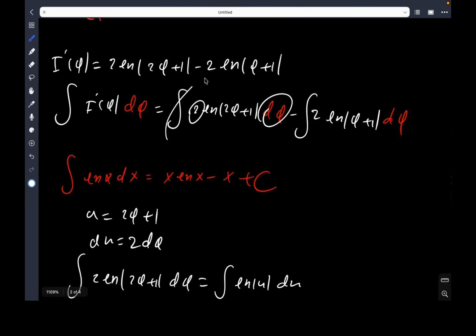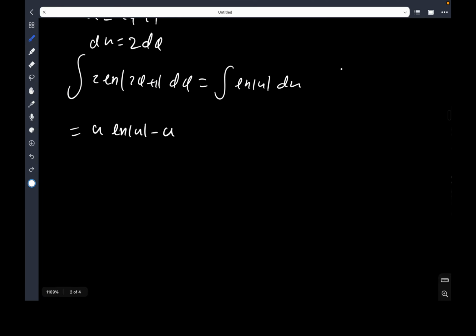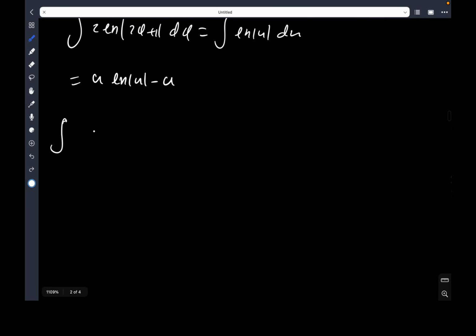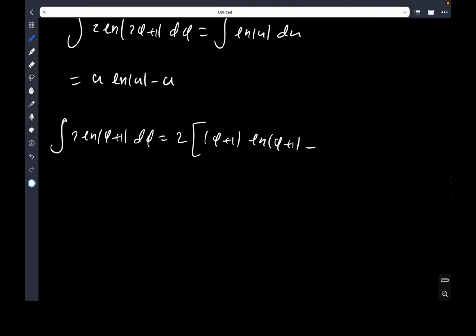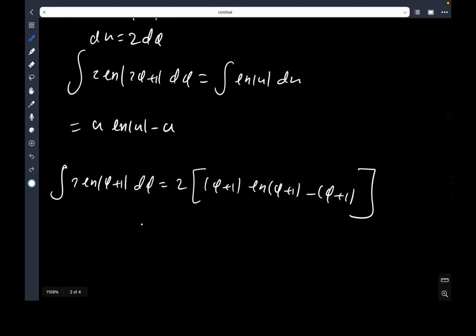This is the first term here. And this term here, 2 ln of phi plus 1 d phi, is 2 times phi plus 1 ln of phi plus 1 minus phi plus 1, and this is my whole integral here.